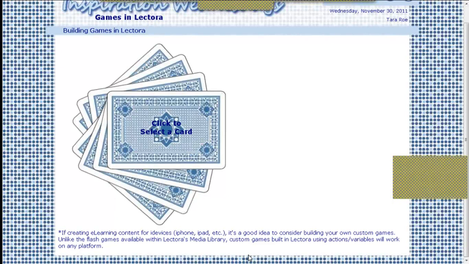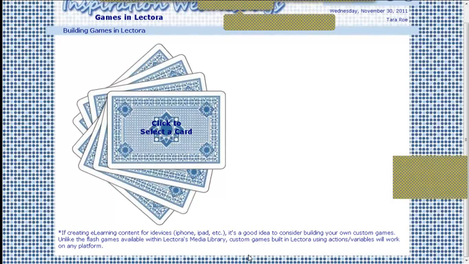We know that these iDevices don't work with Flash. So if I was to use any of those Flash animated games, those games are not going to work if my content is being accessed on these types of devices. So one of the benefits to building your own custom games in Lectora, since you're building them with Lectora actions and Lectora variables and objects, they'll work on any platform that your course is being delivered. That's a big benefit to building some of your own custom games.